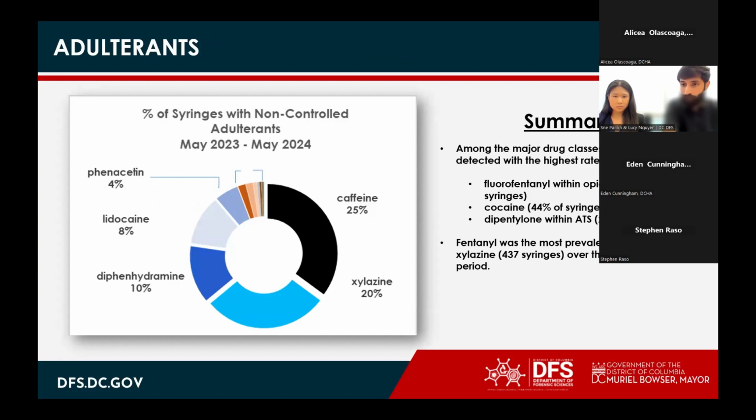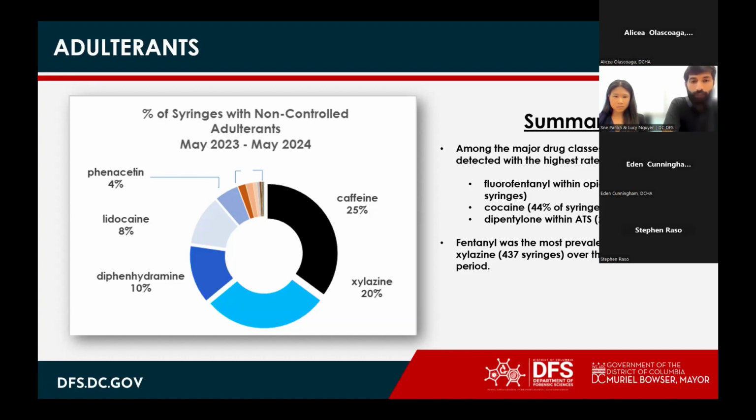So with fluorofentanyl, within opioids, you're seeing greater than 80% of syringes are adulterated with some kind of non-controlled cutting agent or adulterant. With cocaine, you're seeing 44% of these syringes. In dipentalone, you're also seeing approximately 25% of syringes adulterated.